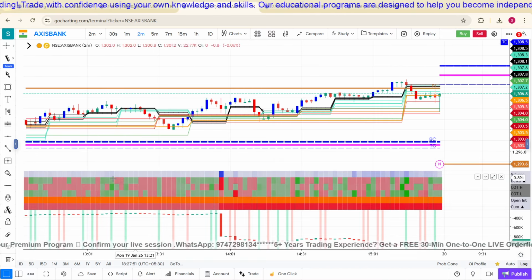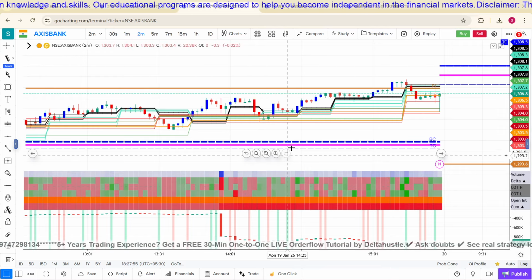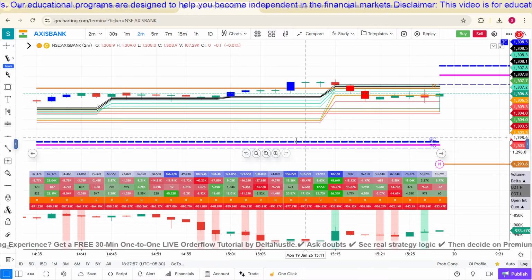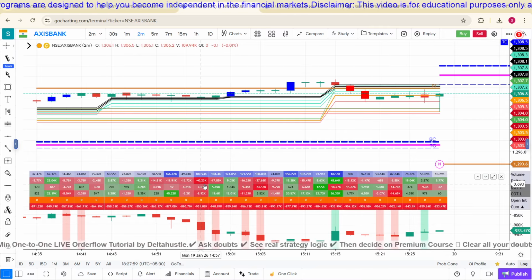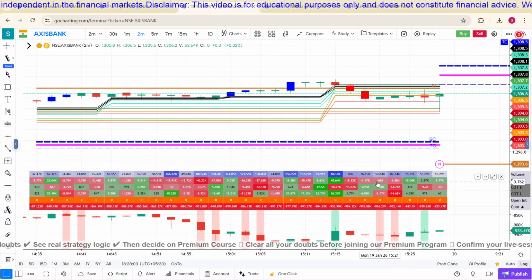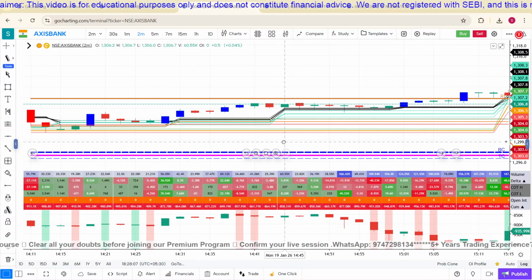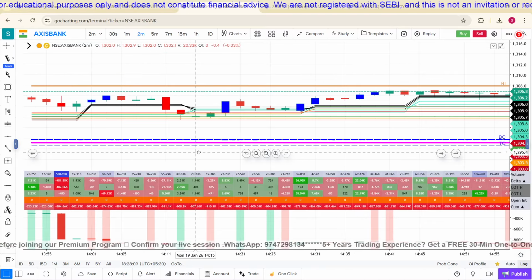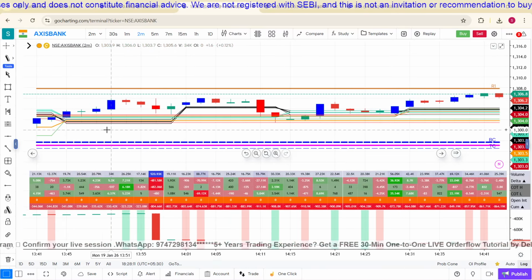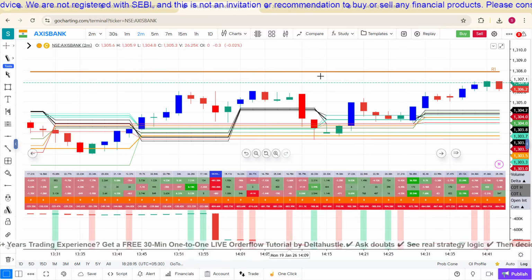And we need confirmation of the trade with the help of order flow. Only order flow will help you. But if you are trading without order flow, just look at the volume levels. Volume should also be there. But you will be in darkness because some hidden absorption is happening. You will not be able to understand that.